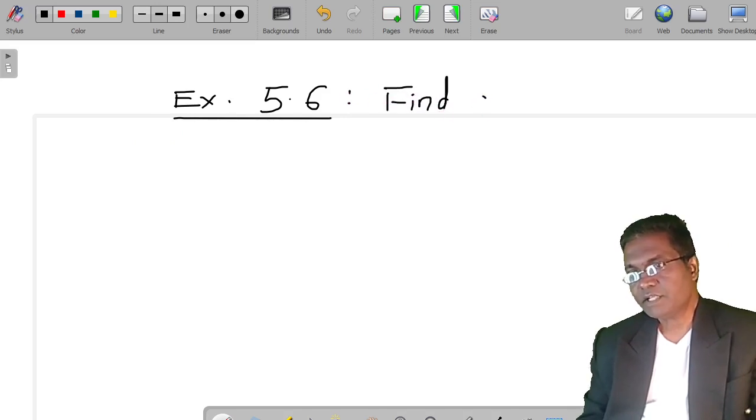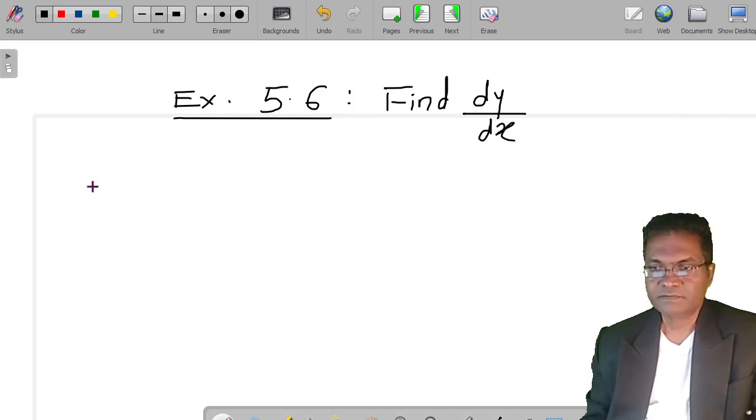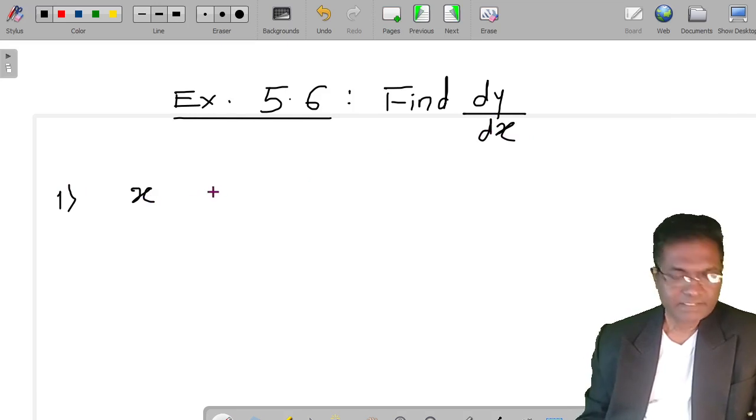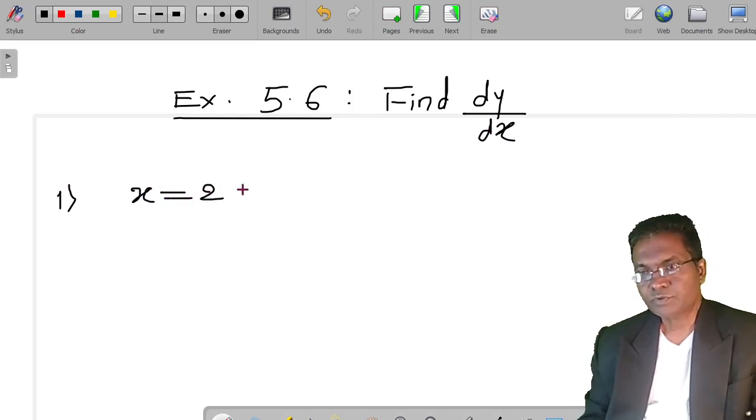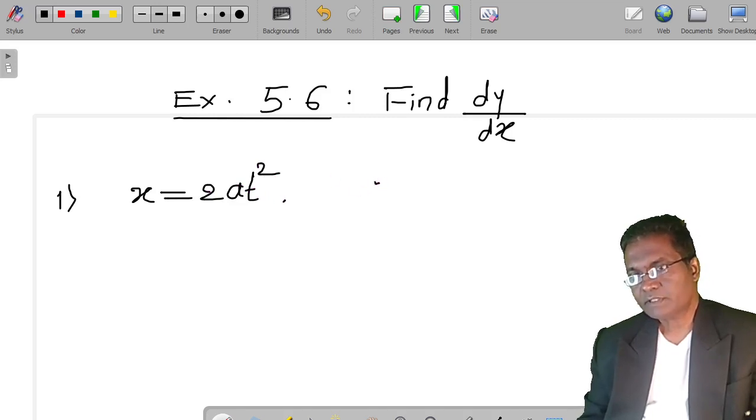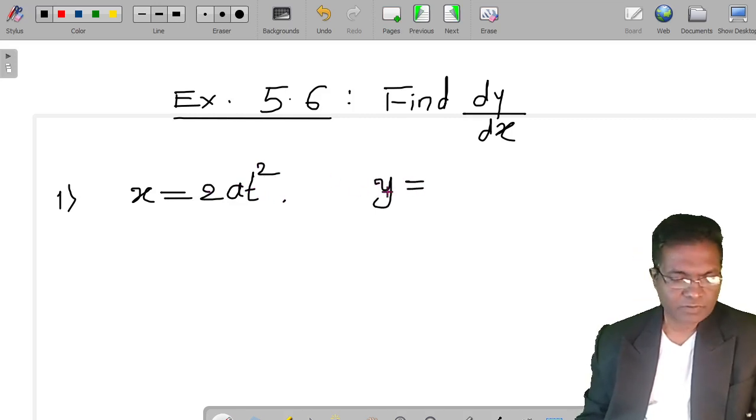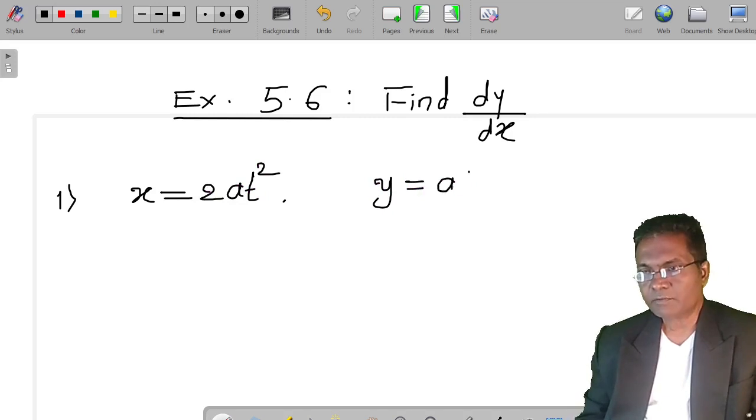So find dy by dx in all the cases. First one, x is equal to 2at square, and you are given y is equal to at power 4.